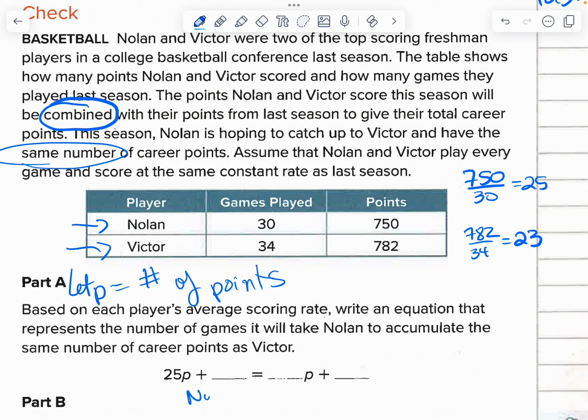This is Nolan, because the rate for Nolan is 25P, which we don't know how much they've done this season, so that's why we're doing a rate. But how many total did they have last season? 750. What was Victor's rate? So Victor's, this is his rate. He was 23. How many total points did he have? He had this.